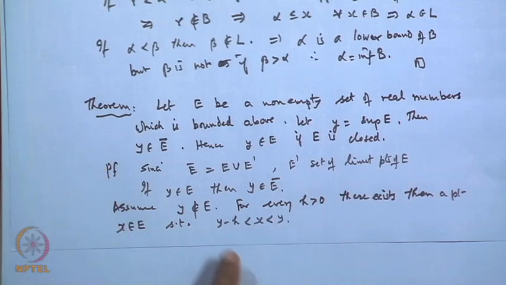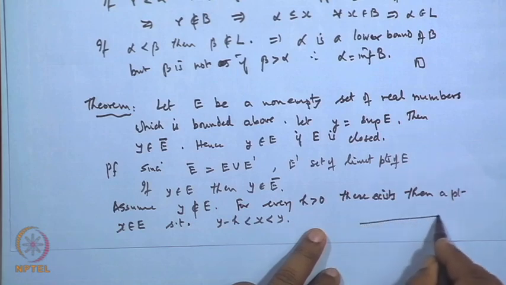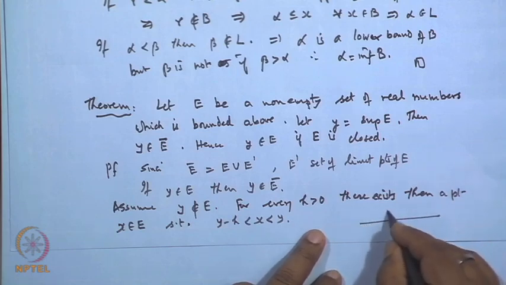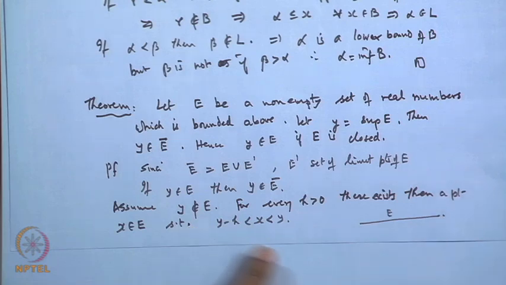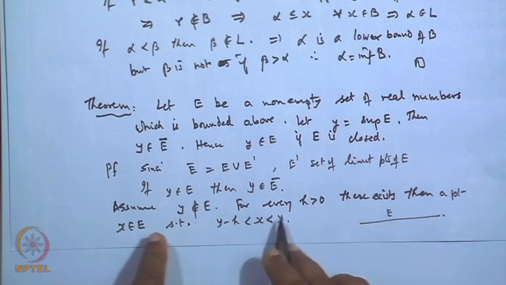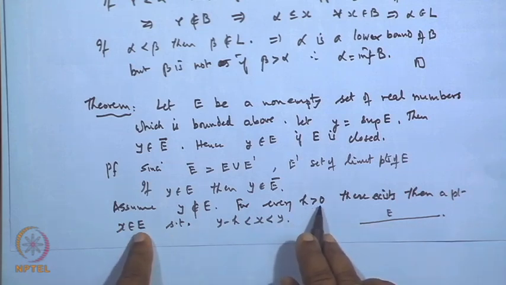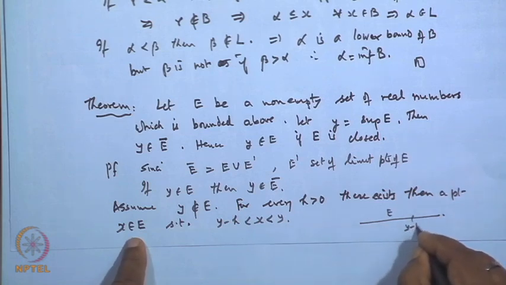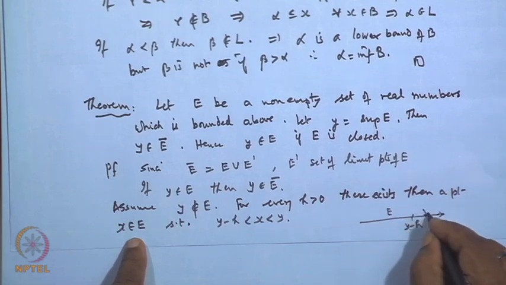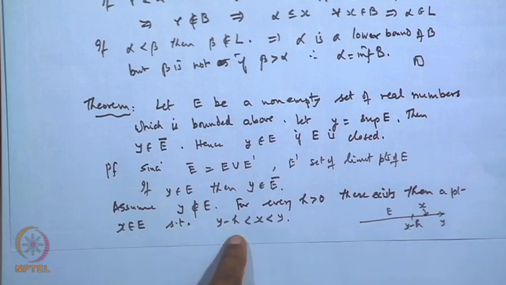Why? Here this is our set E, the point y is not in E, it is outside of it. Then for each h greater than 0, we can find at least some point which lies in the interval between y minus h and y. This point x will always be available.